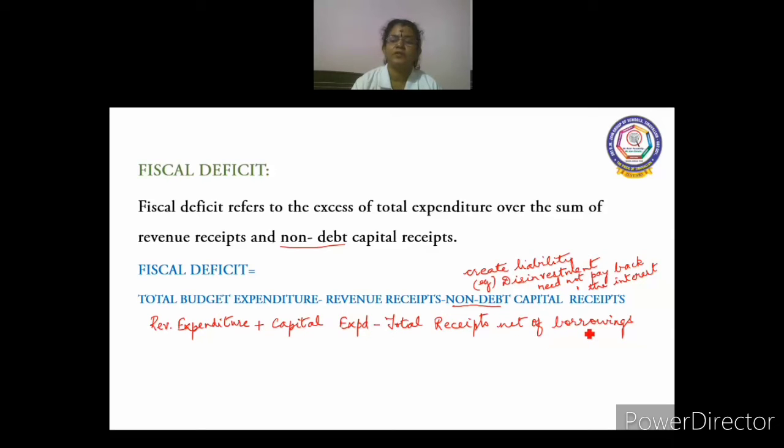Net of borrowing is excluding borrowing. So when you exclude borrowing, then you get what is called as total receipts net of borrowing. And I can give you one more formula for fiscal deficit. Fiscal deficit is equal to borrowings.